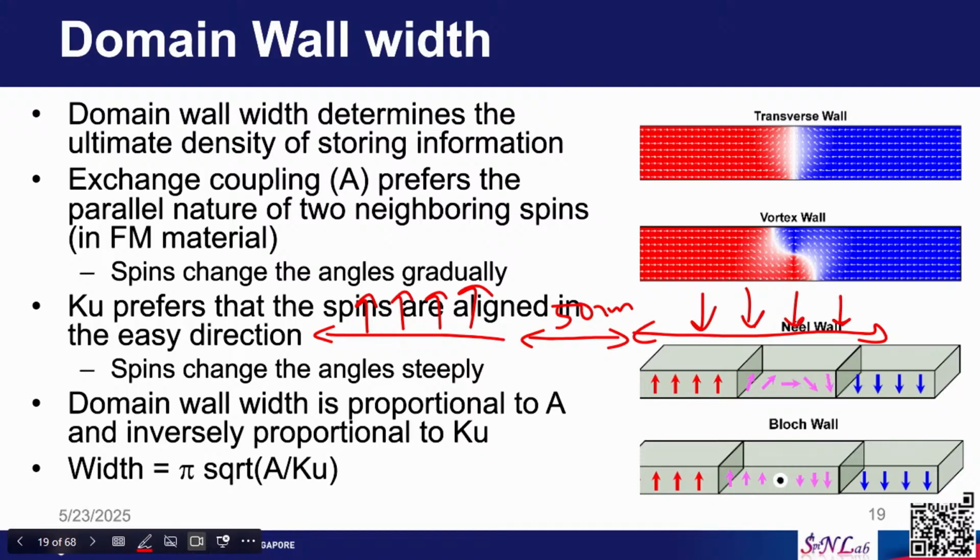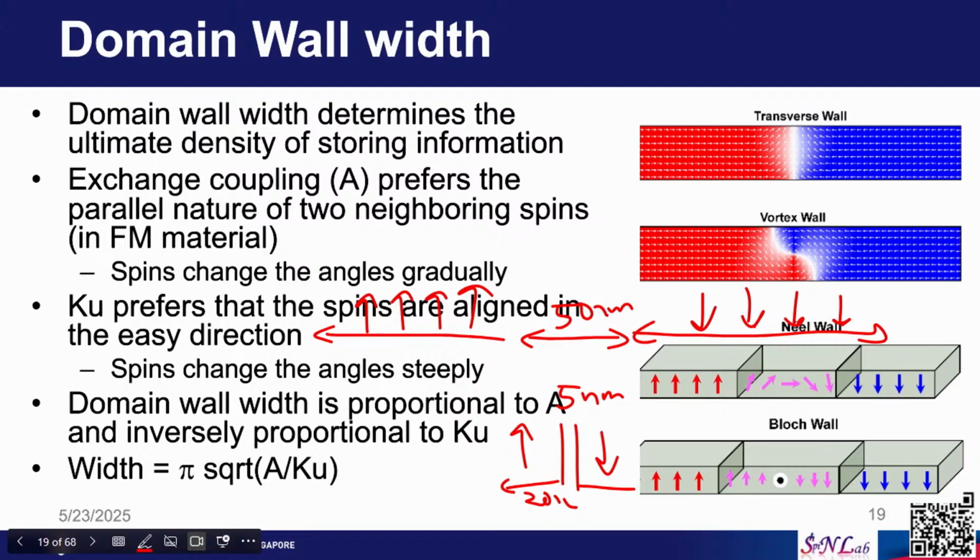So, we do not want the wall to occupy large space, we want this wall to be as thin as possible. Let us say if this is only 5 nanometer, then you can use the next 20 nanometer or so for magnetization pointing up, the next 20 nanometer for magnetization pointing down, and things like that. So, we do not want very large domains.